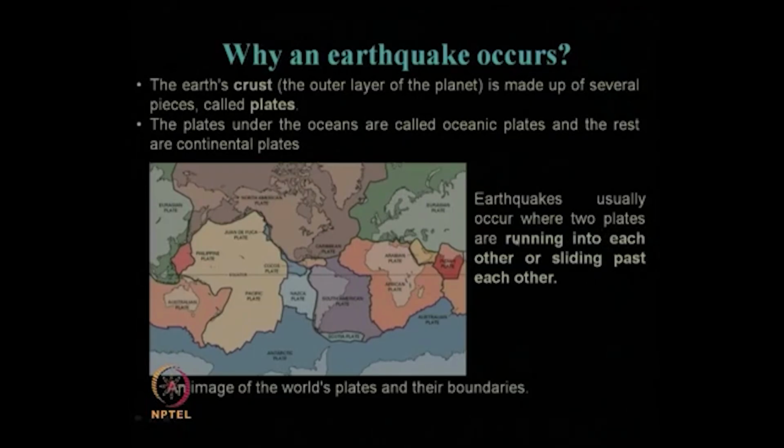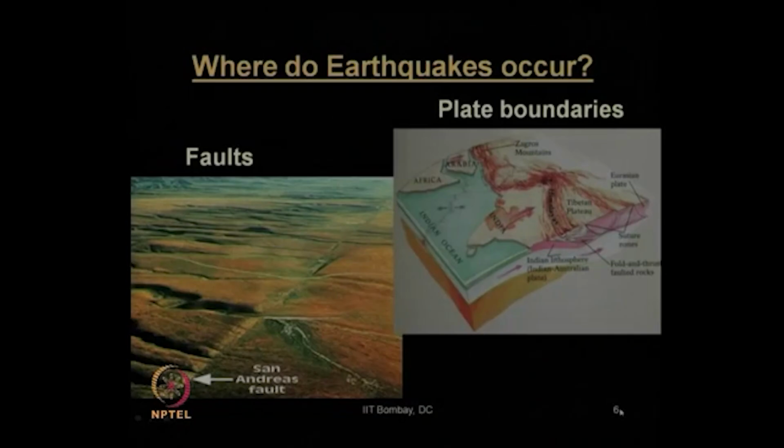So, when two plates are running into each other or sliding past each other, then usually the earthquakes occur. So, the pictorial view of two major reasons of earthquake we have seen.